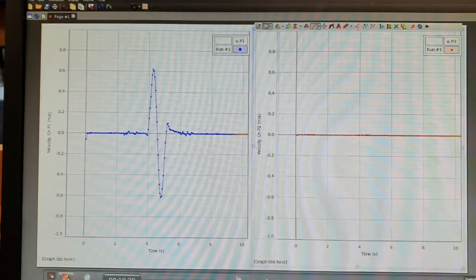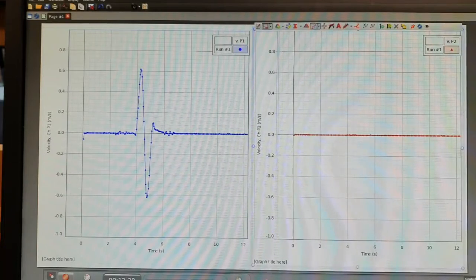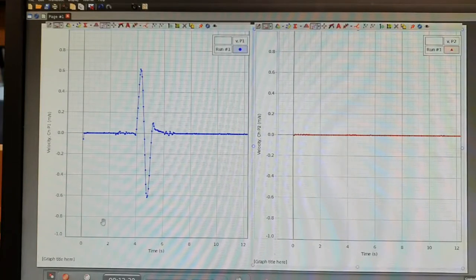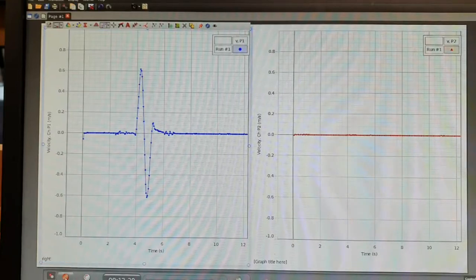So that indicates to me that the trolley that is on my right as I'm doing the recording is this one here, which is actually on the left on the screen. So I'm going to label this as the right trolley. Now we're in a position to start recording.